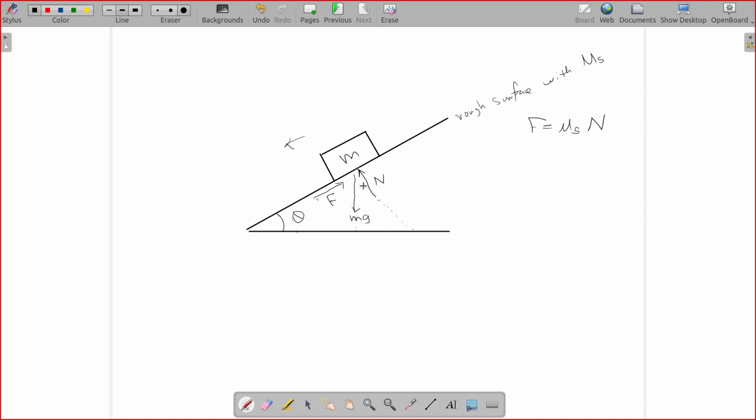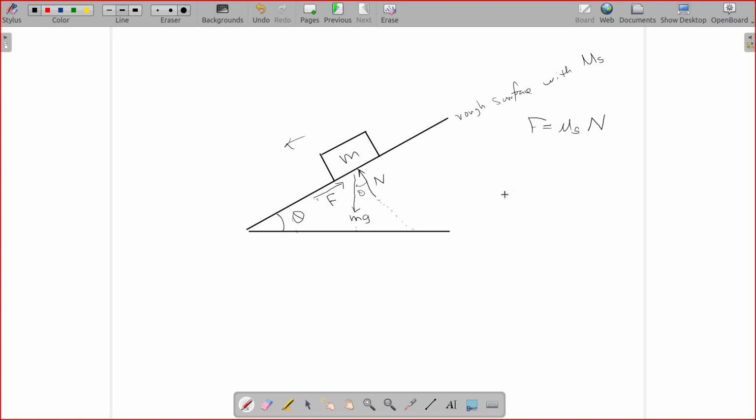The magnitude of mg will be equal to the magnitude of the resultant of f and n.